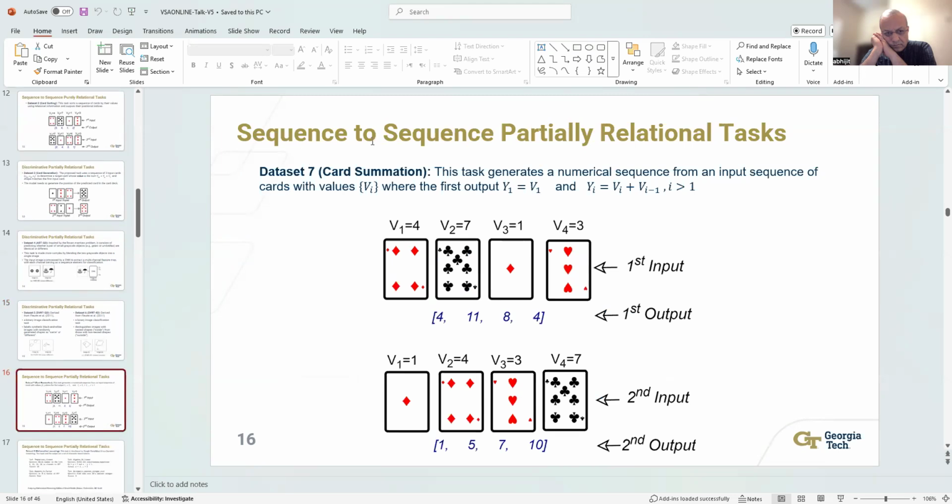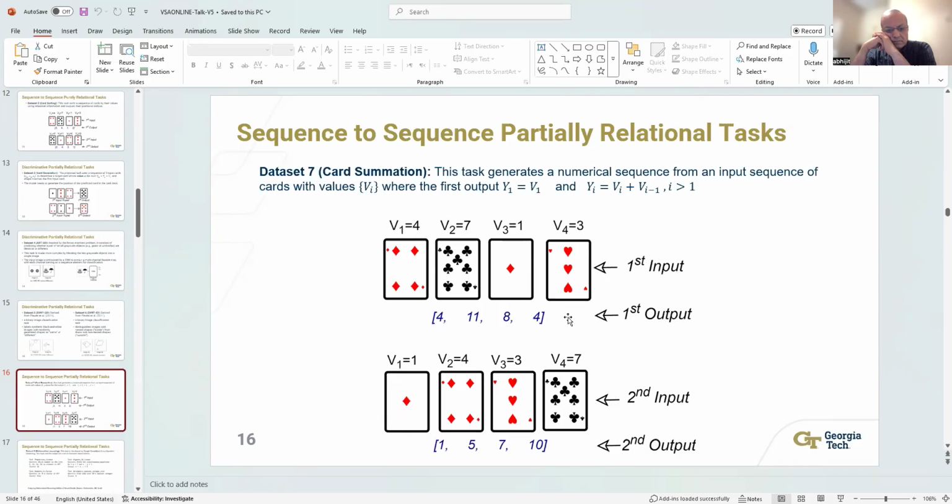Now we have a sequence-to-sequence partially relational task, and we have discussed it already in the previous figure, where we need to do a card summation. So the idea is to have a sequence of n cards. Here we have a sequence of 4 cards, and we need to guess the output.